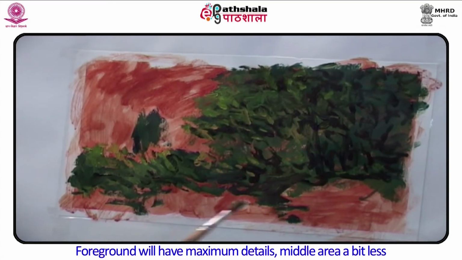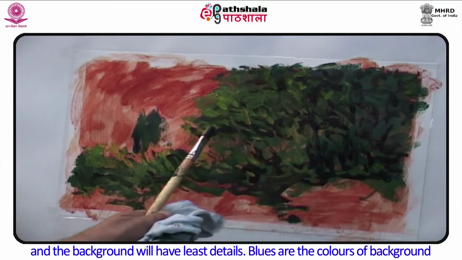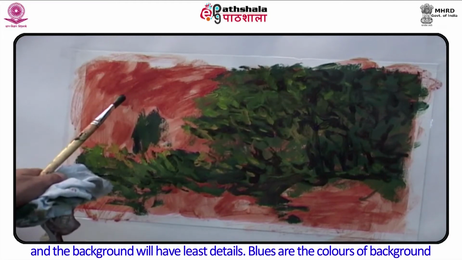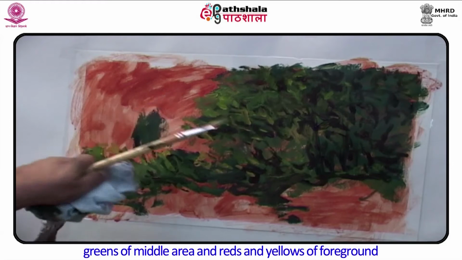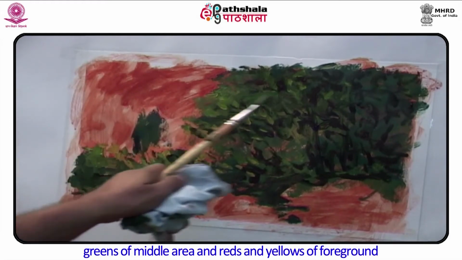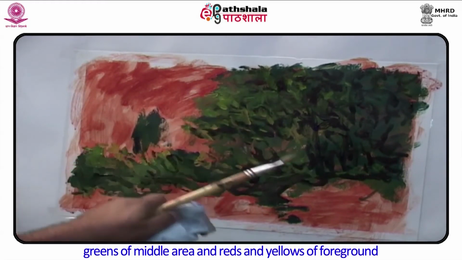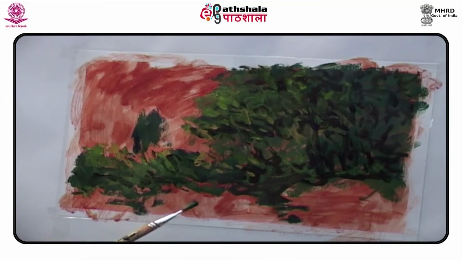Foreground will have maximum details, middle area a bit less, and the background will have the least details. Blues are the colors of background, greens of middle area, and reds and yellows of foreground.